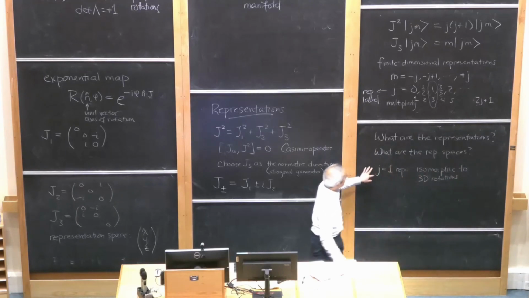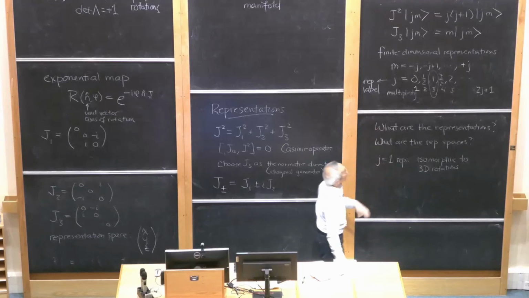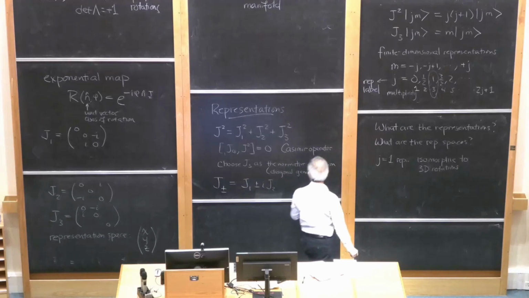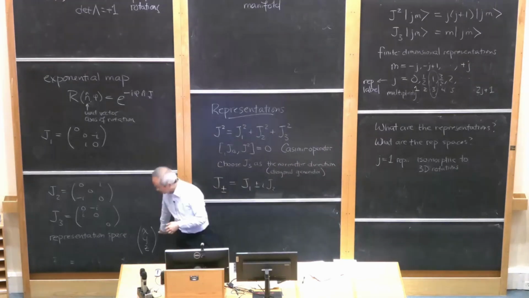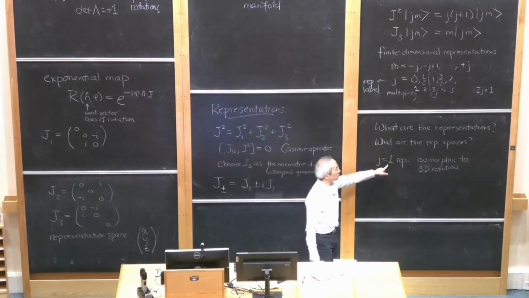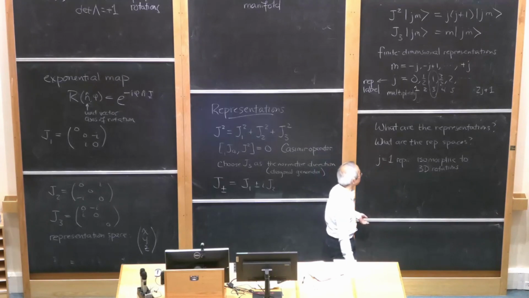So j equals 1 is the faithful representation, and it shouldn't surprise you that it's the one with 3 degrees of freedom, because back here you have 3 elements in the basis, and here you also have 3 elements in the basis. They're different bases, but you still have the same number of degrees of freedom.